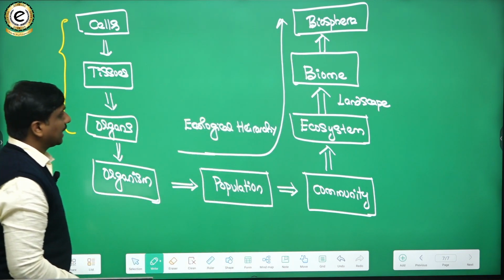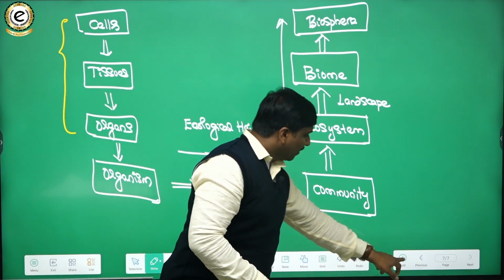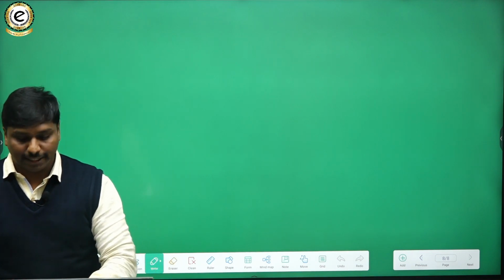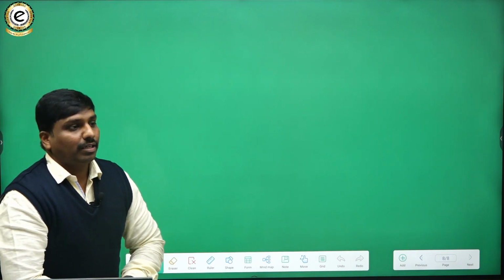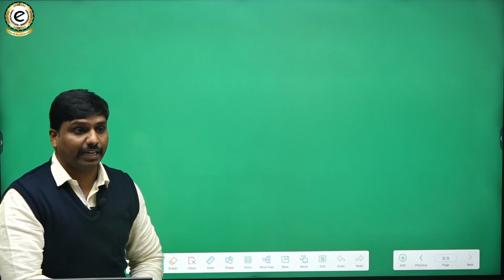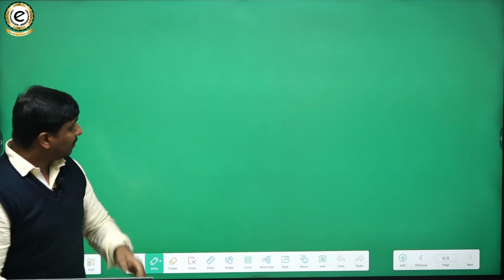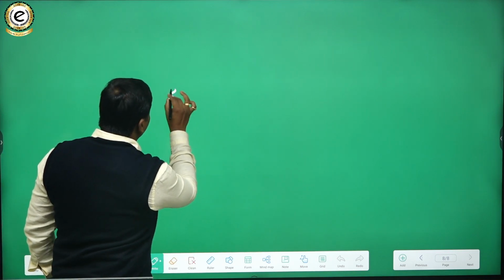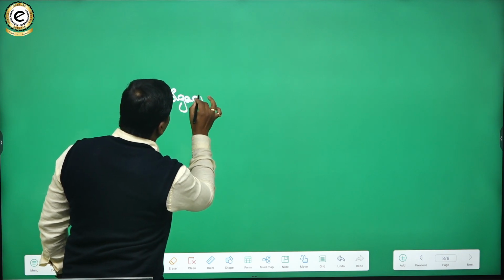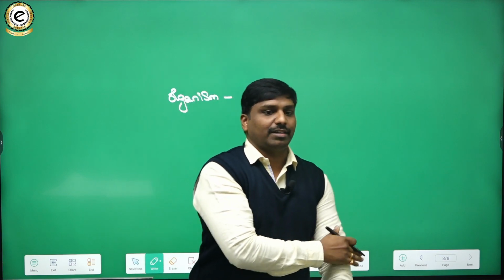So this is with respect to various levels of ecological hierarchy. And here we have said that there would be an individual, and the place of living of an organism is nothing but habitat. In a similar fashion, every organism will have a specific function in an ecosystem.